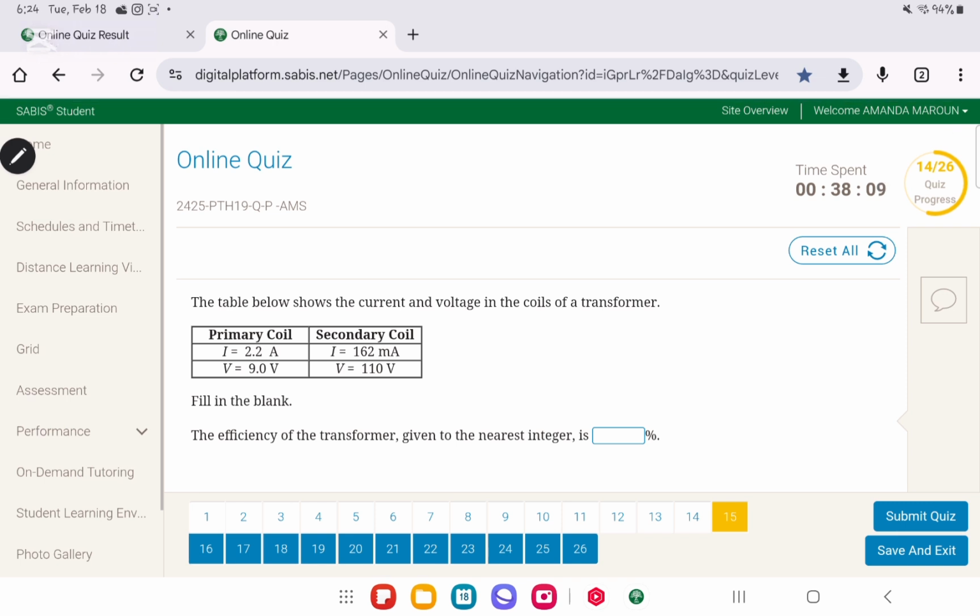They need us to find the efficiency of the transformer given to the nearest integer. We know to find the efficiency, it's power 2 over power 1. So power 2, how do you find it? It is 110 times, pay attention, 162 milliamperes. So 162 times 10 to the power of minus 3.